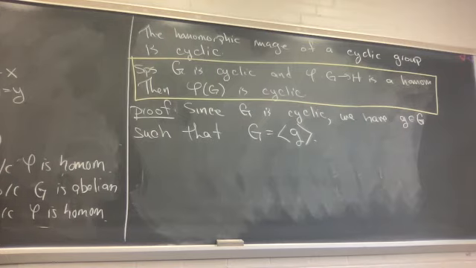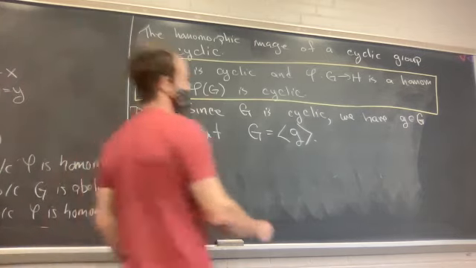Now we want to show that phi of G is cyclic, and I think the best way to do that is really to make a guess. It's not much of a guess because it's pretty obvious, but make a guess what the generator of phi of G should be, and then prove that that's the case.